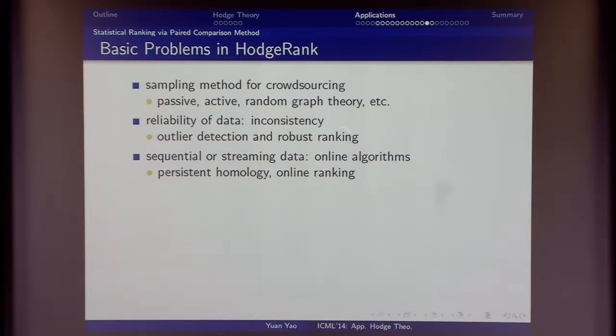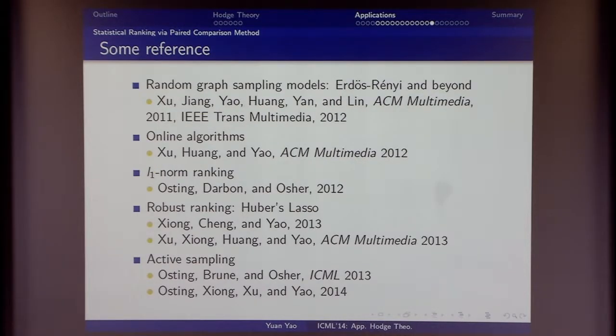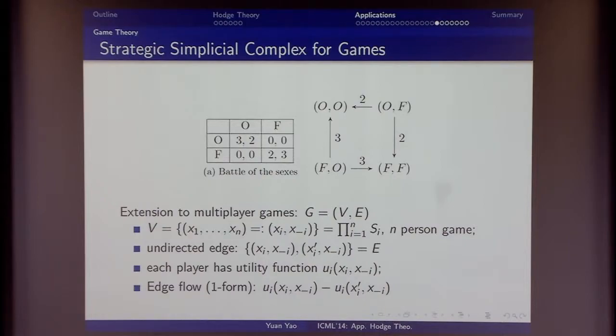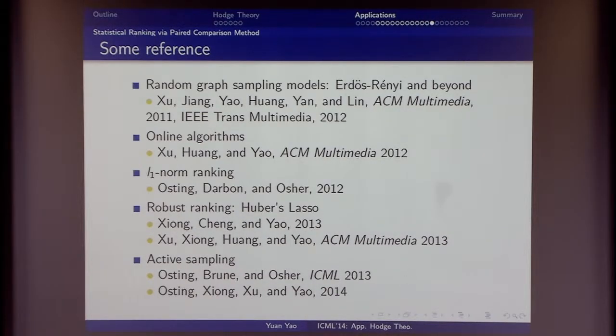The third one is how to face streaming data: you need some online algorithm. I won't talk too much about these things, and if you are interested, you can look at those references which appeared recently from our collaborators and some people in Osher's team.